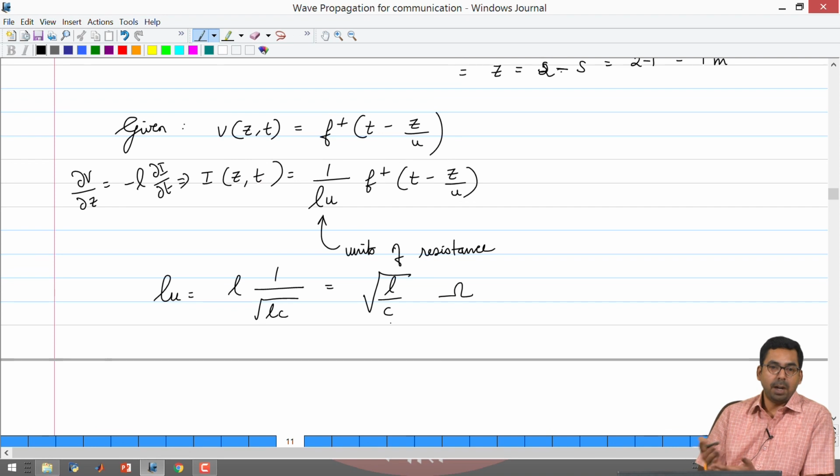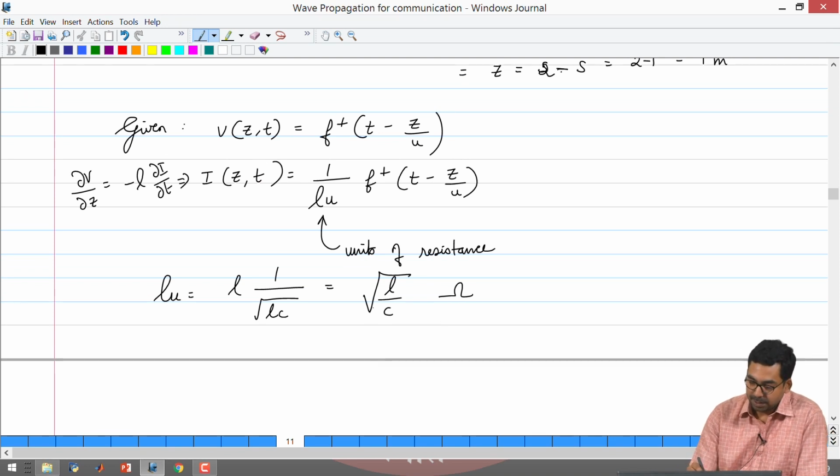Suppose you have made a choice of the transmission line which has a specific L and specific C, okay. Then it is somewhat of a characteristic of that transmission line to exhibit a resistance even if it is lossless, okay. So, this quantity, to distinguish it from conventional resistance in low frequency circuits, people call it characteristic resistance.